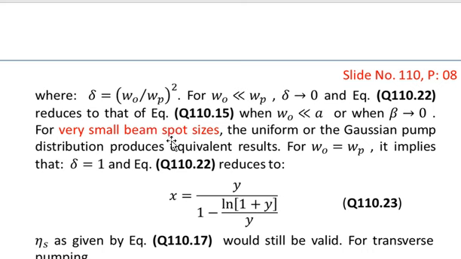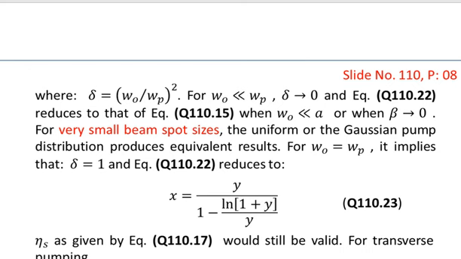So you should consider very carefully that we are talking about very small beam spot sizes. For W naught equal to W_P, it simplifies: delta will be equal to 1, and equation number 22 reduces to this.